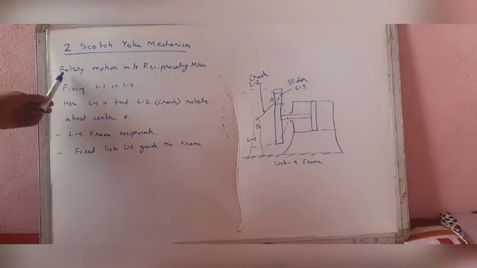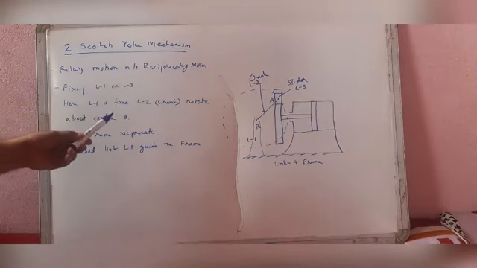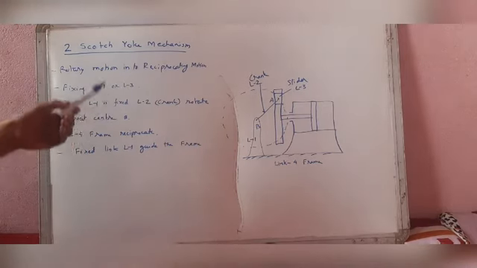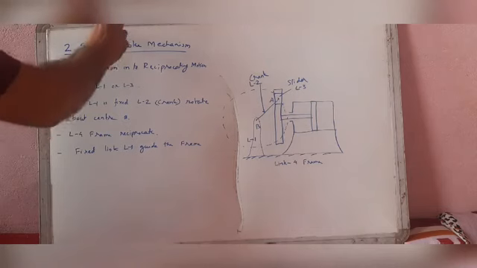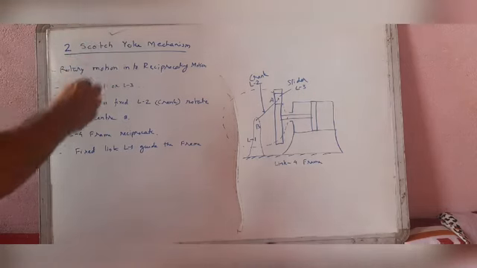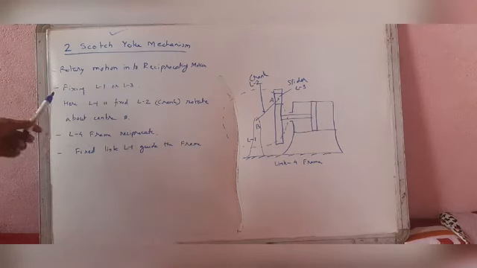This machine is used to convert rotary motion into reciprocating motion. Earlier we discussed different machines that convert reciprocating motion into rotary motion. This is the mechanism that converts rotary motion into reciprocating motion.